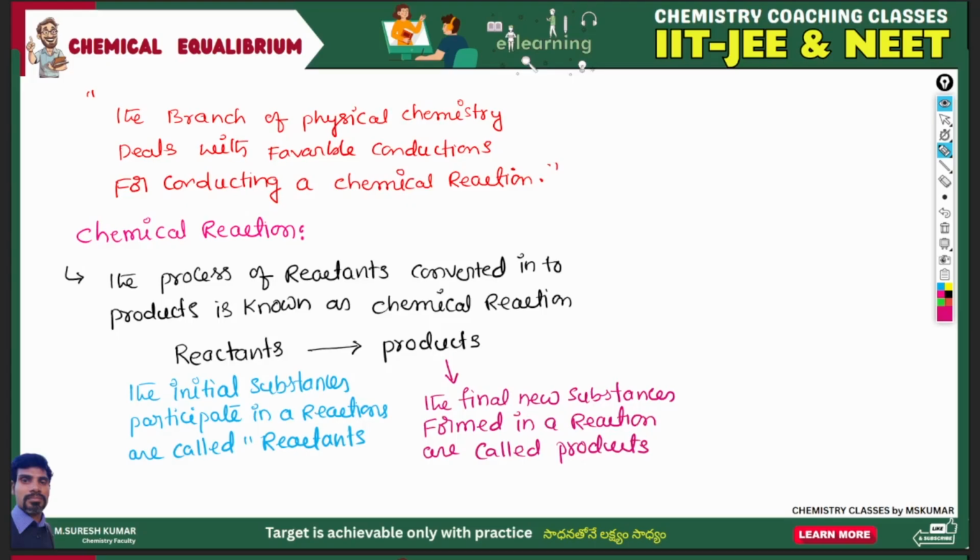Now, a chemical reaction gives every piece of information about the reaction, such as the expected time of completion. We represent the entire chemical process in the form of a small shorthand notation. That shorthand notation is nothing but the chemical equation.